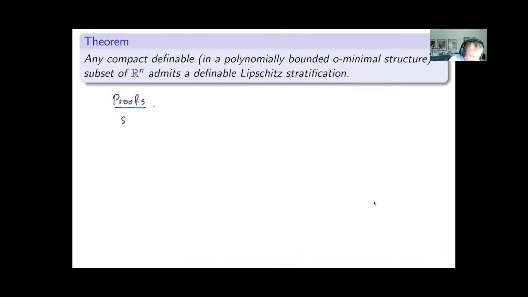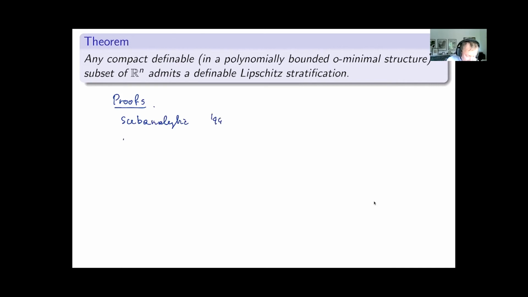So it's a subanalytic case. Any compact definable or subanalytic subset of Rn admits a definable, or subanalytic in the same structure, Lipschitz stratification. And for subanalytic, the proof is in this paper from 94.